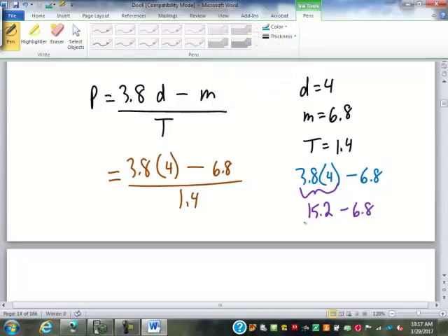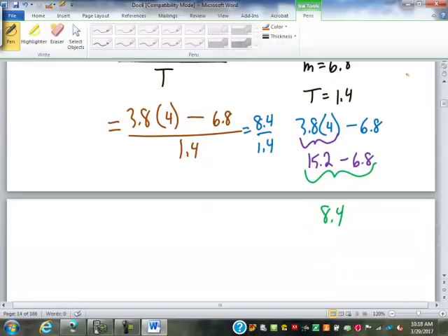Then we have 15.2 minus 6.8, which is 8.4, correct? So then we're back here to having 8.4 divided by 1.4. 8.4 divided by 1.4 is 6. Any questions?